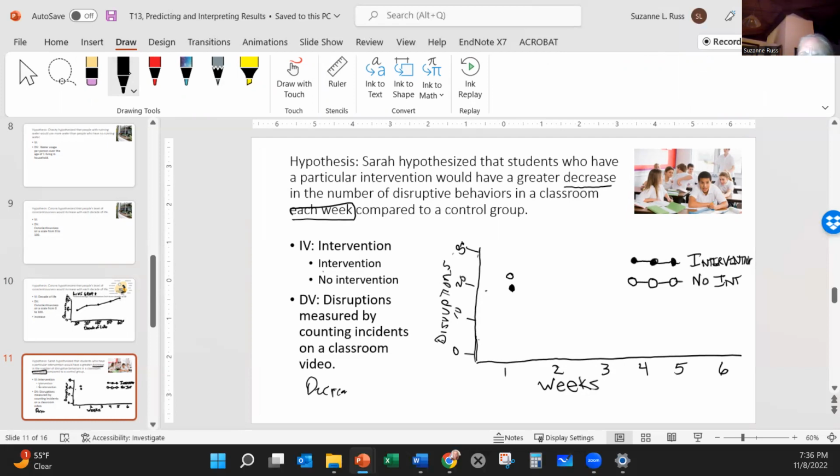So now I'm going to take our intervention group, and it says they're decreasing. So let's say they've had the intervention, it's starting, maybe week 2 they go down. Maybe week 3 they go down a little more. Maybe week 4 was kind of a rough week, they went up a little. Week 5 they went down a little more. Week 6 up a little. But overall this is a decrease. And so let's connect these dots.